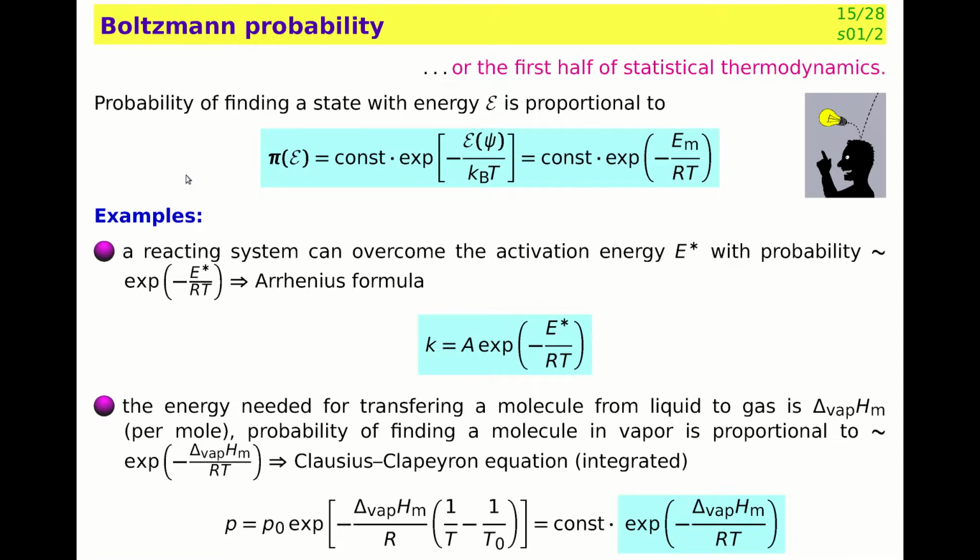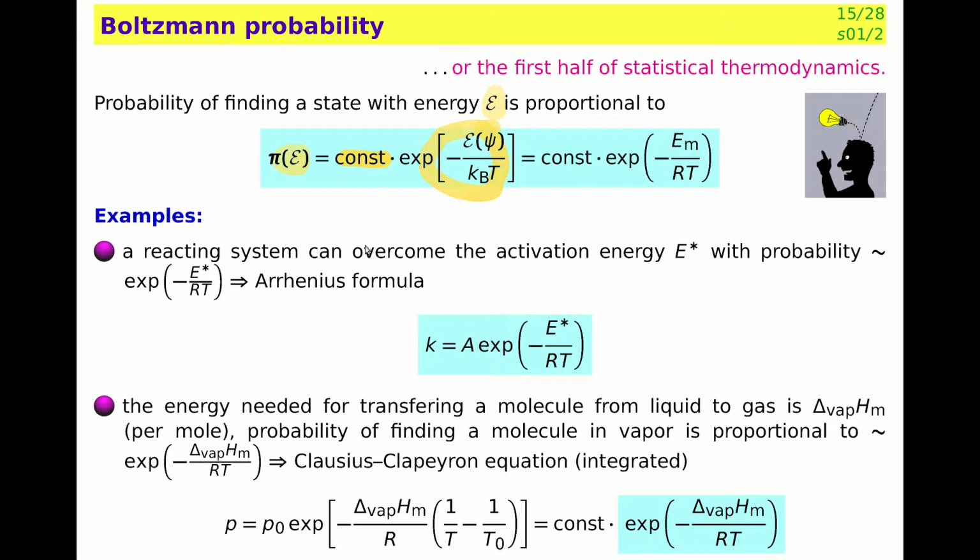Okay, so what have we learned? We have learned that the probability of finding a state with energy E is proportional to this Boltzmann factor. Here is a certain constant, a normalizing constant.